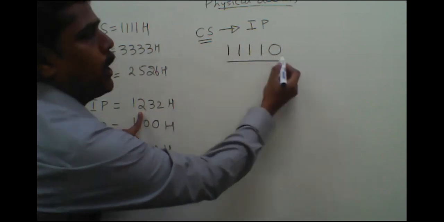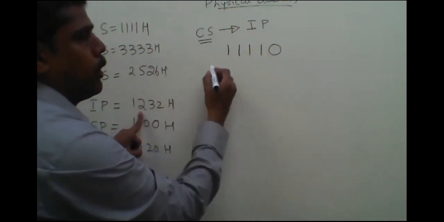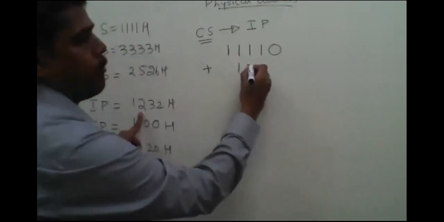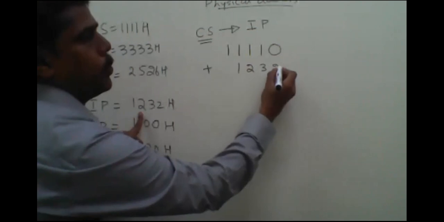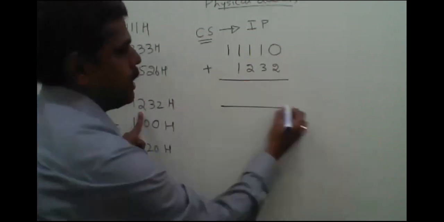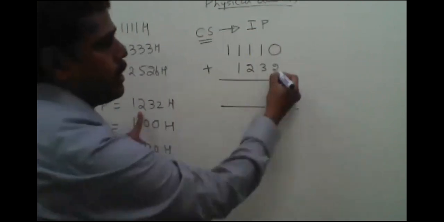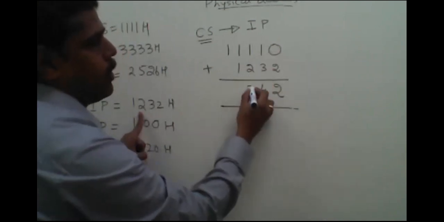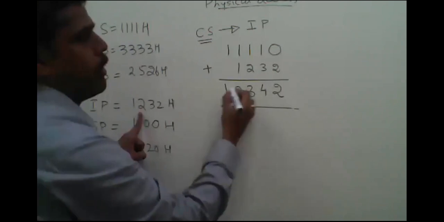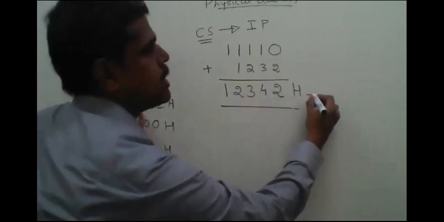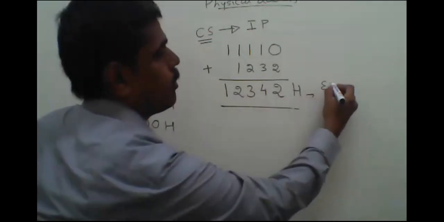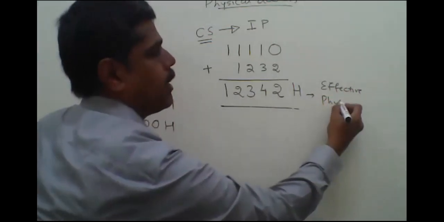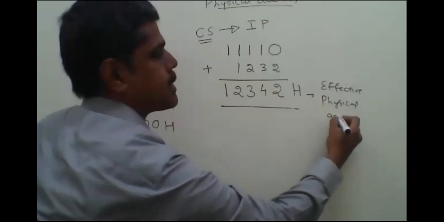Now, for this 20-bit address, we are going to add this 1232, and the effective physical address is the addition, 12342H. This is the effective physical address.